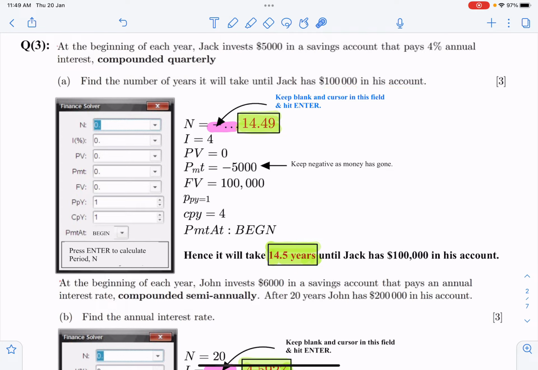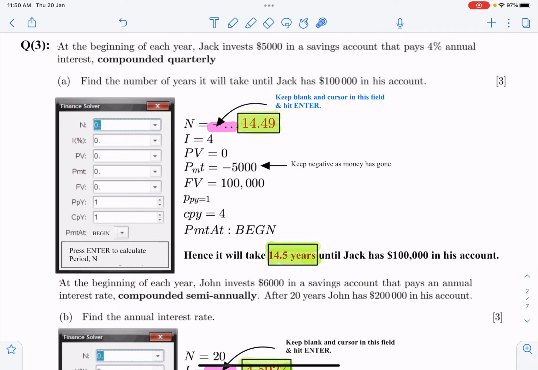So look here, the period is blank, therefore we will keep the field N blank because we have to find how many years. I is 4, rate of interest 4. PV we will keep 0 because he is not paying a lump sum amount, he is paying every year. So PMT will be minus 5,000. Okay, every year he keeps paying it.